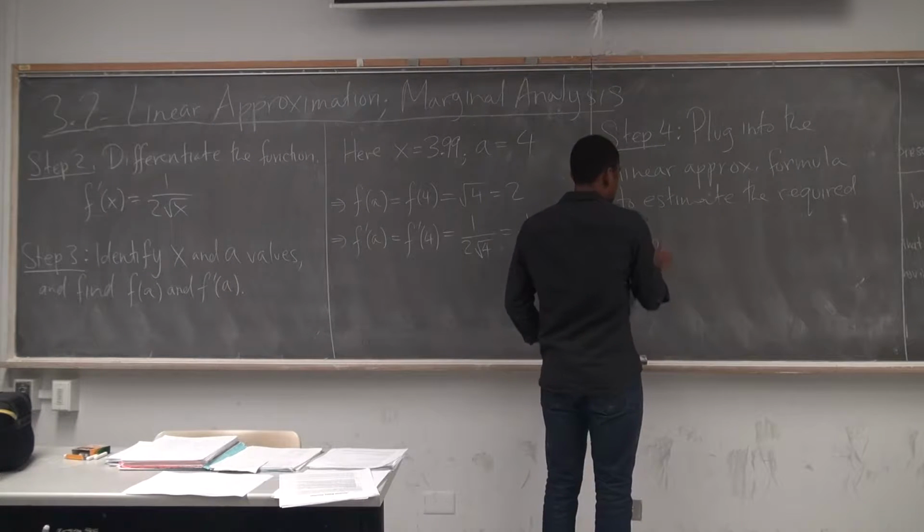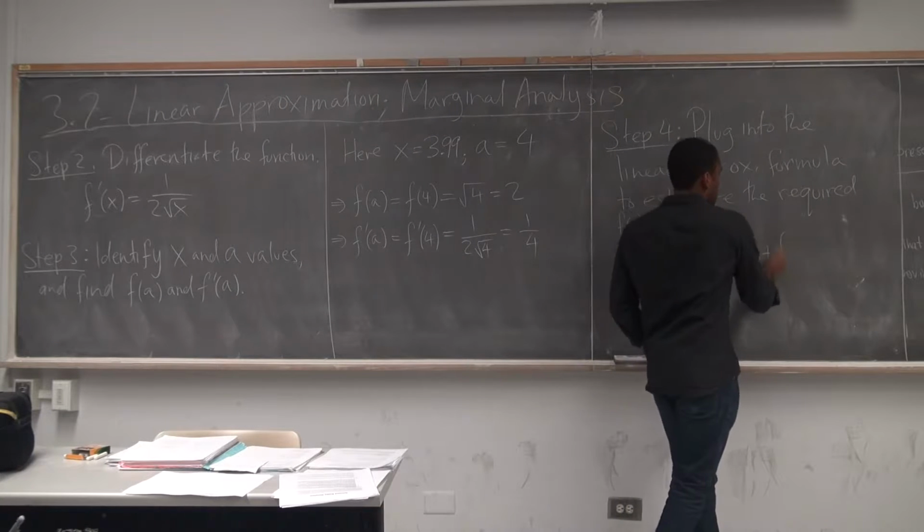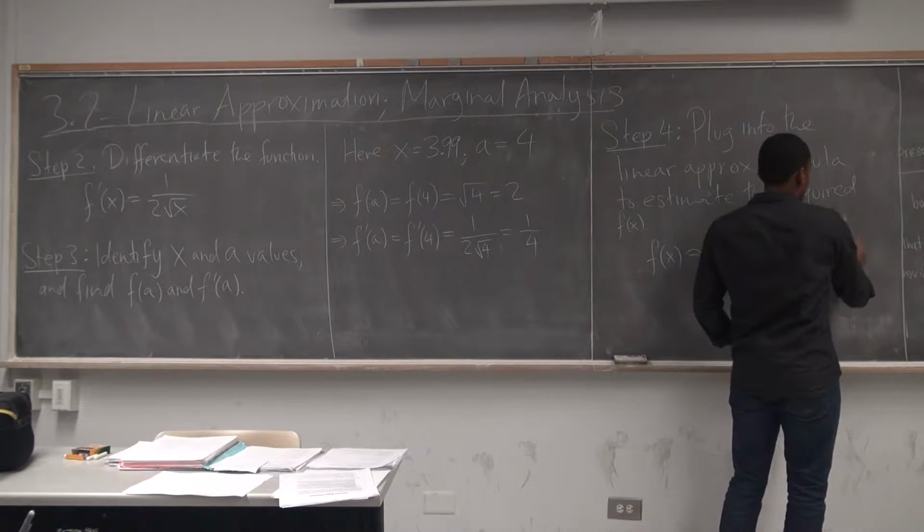So now I know that f of x is approximately equal to f of a plus f prime of a times x minus a.